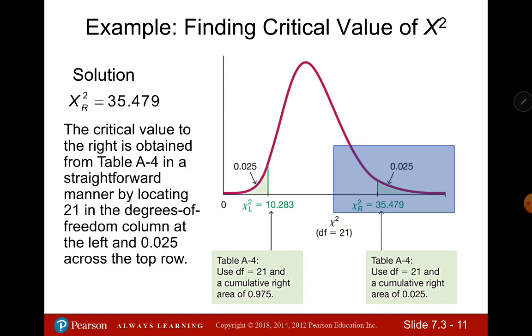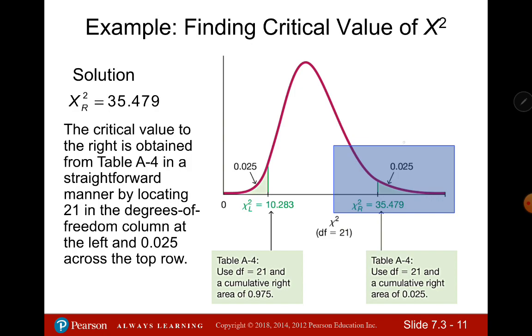Check that column. Find the corresponding degrees of freedom. Remember, degrees of freedom is not n. It should be n minus 1. So it's 21. And we check the table. We find it's 35.479.